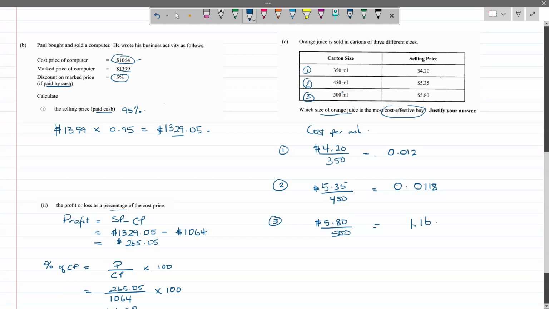Now, because of how close these are, let's multiply all of these by 1,000. So we'll find the cost for a liter, right?